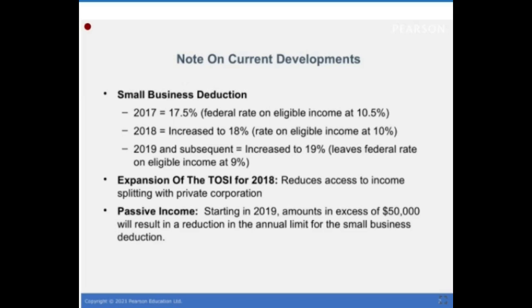At minimum, you want to look at it every year and amend the plan as appropriate for the current rules. One current development in corporate tax has been an increasing small business deduction, which effectively means a decreasing corporate tax rate for those who qualify.